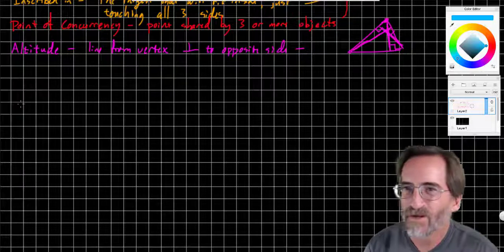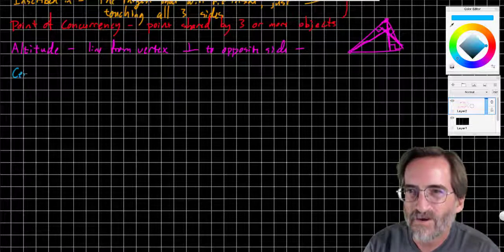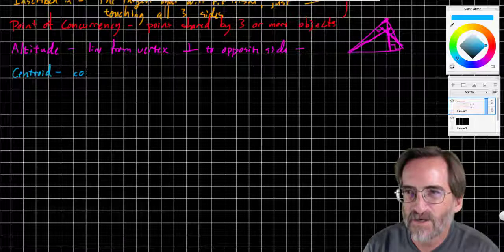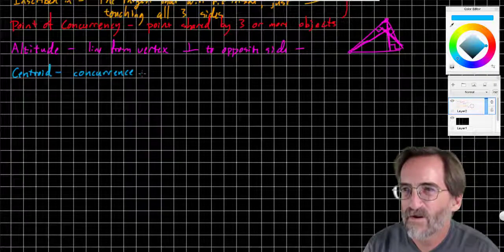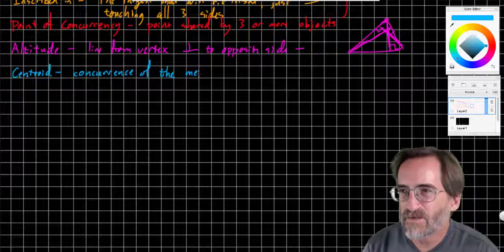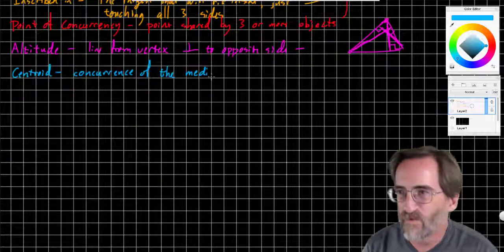All right, centroid. The centroid is the concurrence, point of concurrency, of the medians, which we haven't defined yet, but we will just shortly.